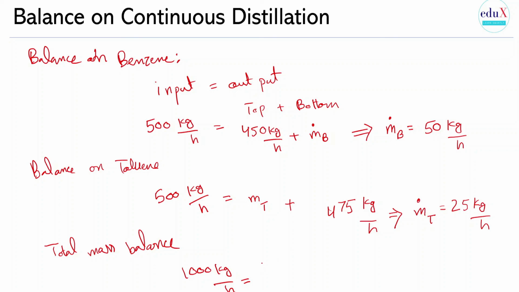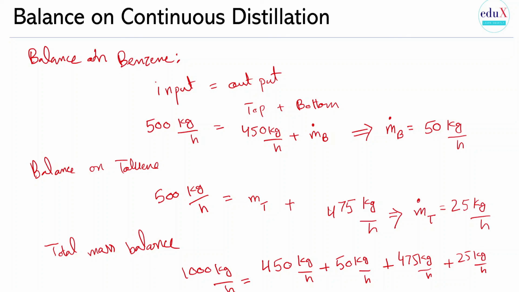So let's take 450 kg per hour of benzene plus 50 kg per hour also benzene plus 475 kg per hour toluene and 25 kg per hour toluene.